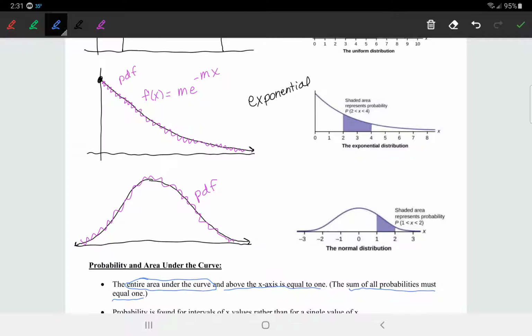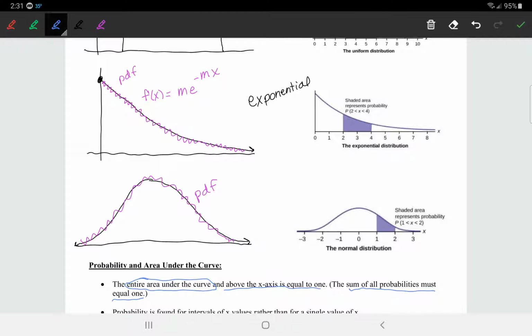And in the normal, it will lie underneath this curve, just the same way, and 100% will be in here. Okay, so that's just under because of the criteria that if it's going to be a probability distribution, the sum of all probabilities must be 1, so the area under these curves must also equal 1 or 100% of the data. Okay.